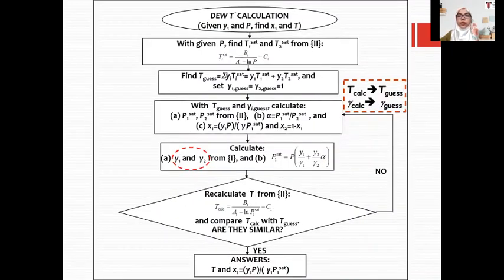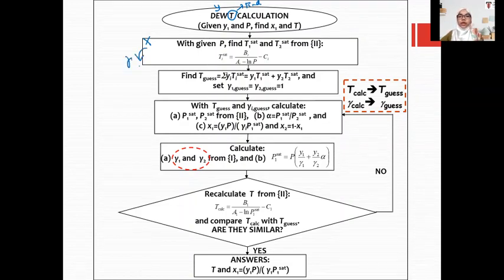Okay, last we have dew T. That means we need to find the temperature and the dew point. That means the vapor composition, or the composition in vapor, is given. So if y is given, you need to find the x. That means it is related to the gamma.